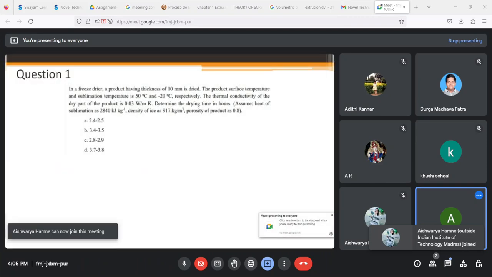So any clue how to move forward with this question? Any clue how to find out the drying time for a freeze drying process?